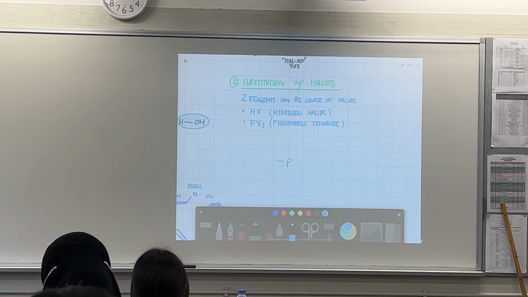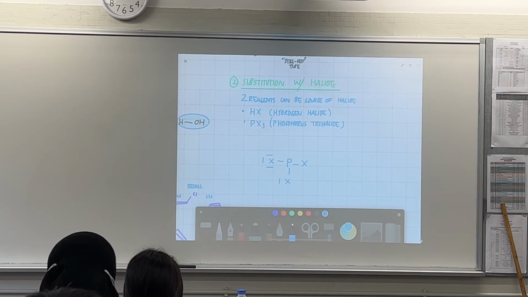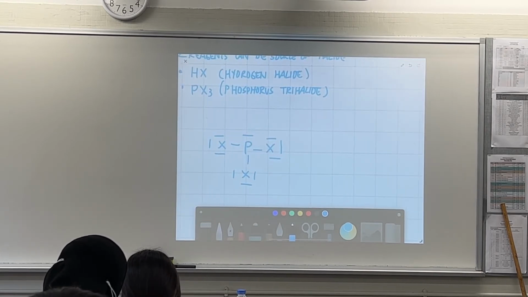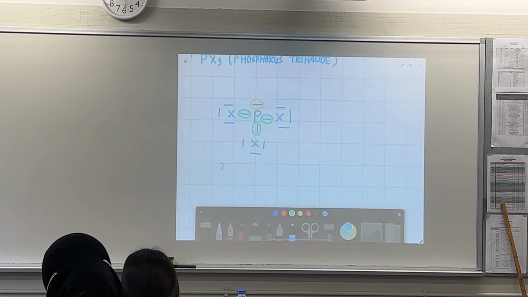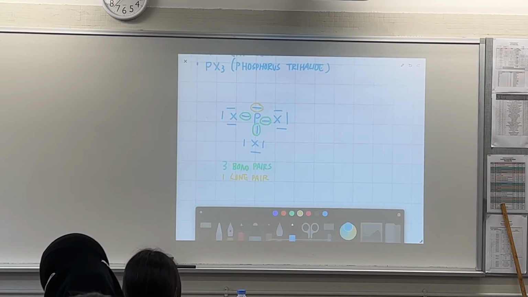When you draw the Lewis structure of PX3, this is what it looks like. So we have lone pairs here, and then around the phosphorus. This is PX3. And when we consider the shape, only the electron pairs around the central atom matter. We see 3 bond pairs here around P. And we see 1 lone pair also around P. So that would give a total of 4 electron pairs, right?